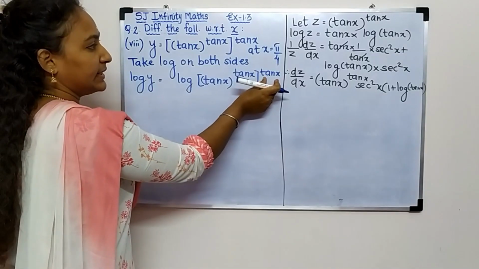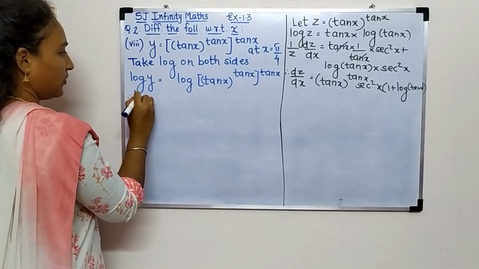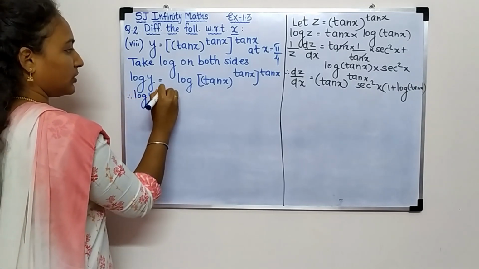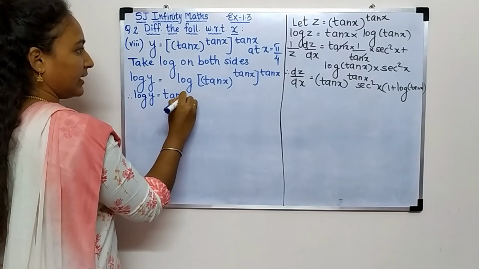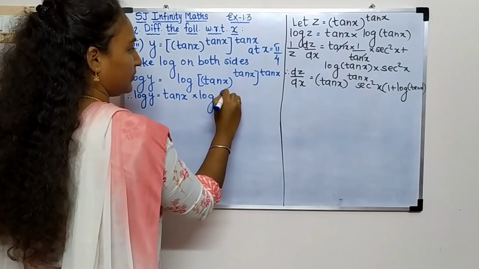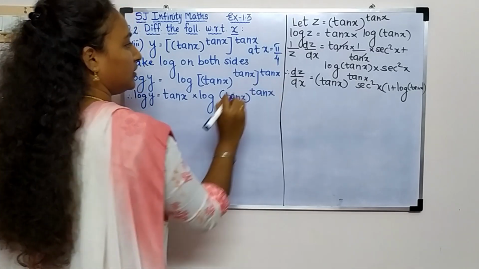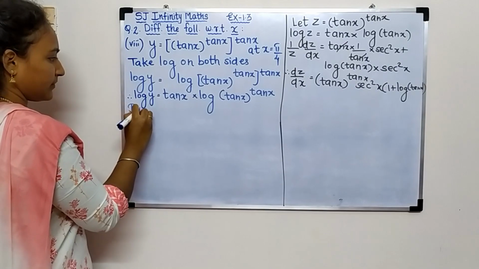First we will take this tan x multiplied with log. Therefore, log y is equal to tan x into log of tan x raised to tan x. Now let us differentiate this.